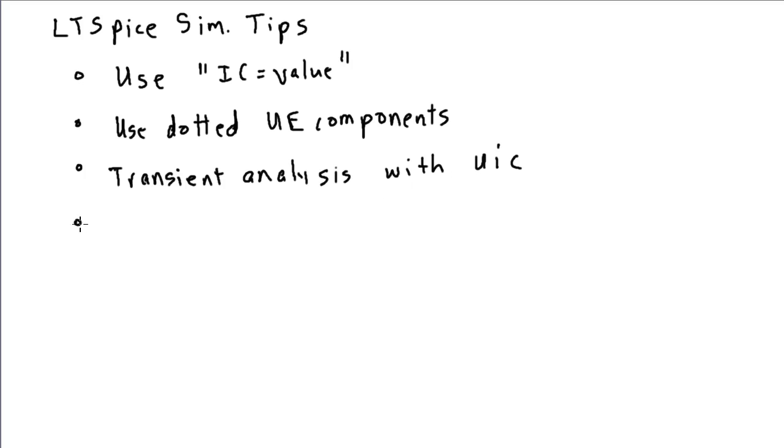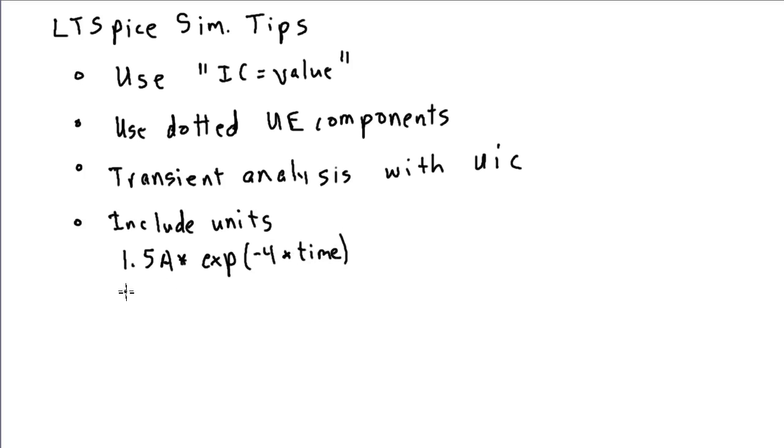Another tip is in the waveform viewer, include units with your expression of volts or amps. So 1.5 amps times exp minus 4 times time, for example.